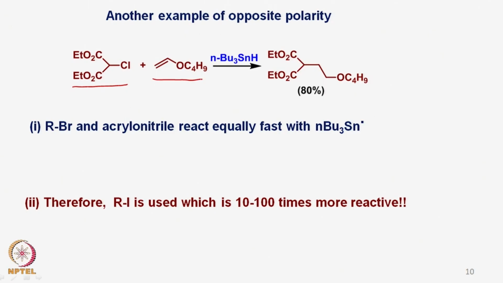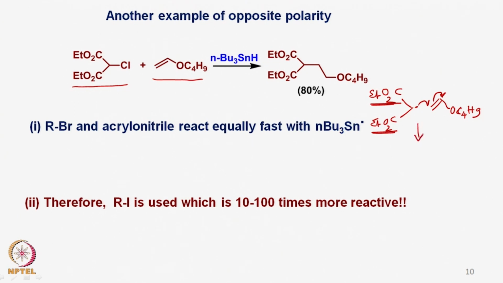So it is clear that when tributyltinhydride reacts with this particular chloride, you generate this radical here, and this radical is having 2 electron withdrawing groups. Therefore it is much easier for it to react with the electron rich double bond, where the radical is generated at this center.